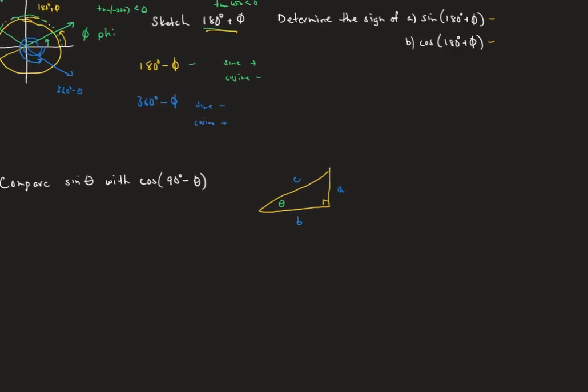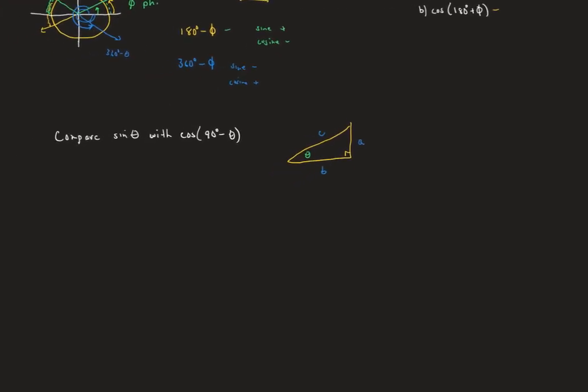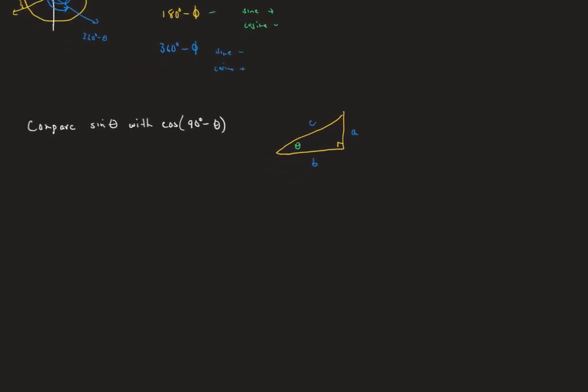Okay, one more little thing here. We've got a triangle, and we want to know how the sine of theta compares with the cosine of 90 minus theta. Sine theta, we know, is the opposite over the hypotenuse, so that's a over c. If this is a right triangle, then all the angles add up to 180. If we subtract off the 90, that's 90 left for these two to share.